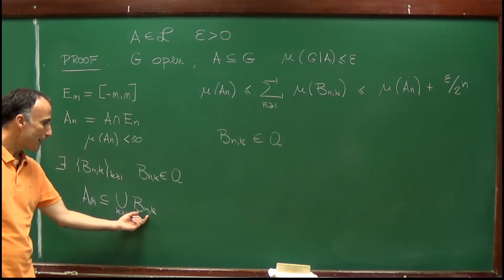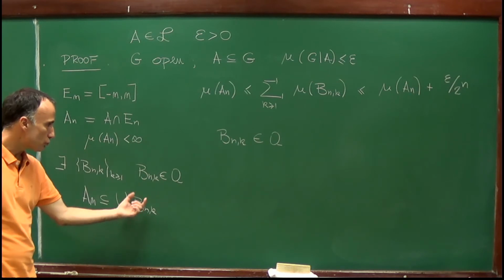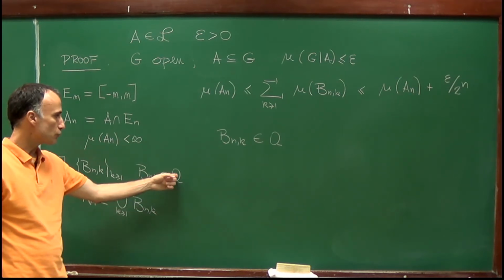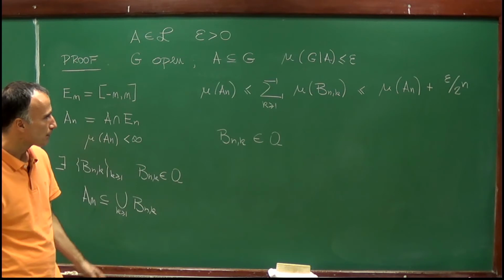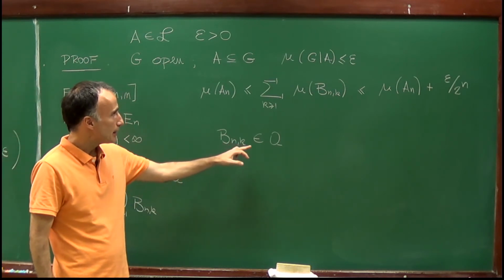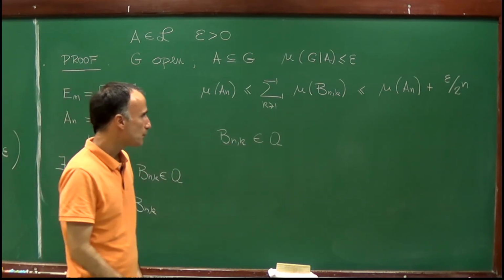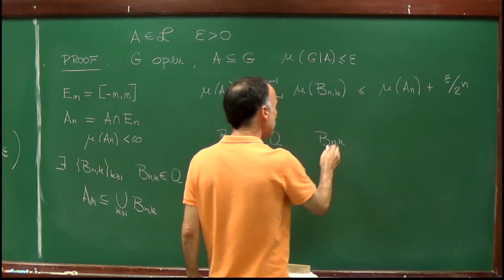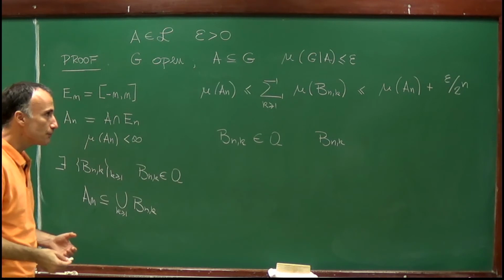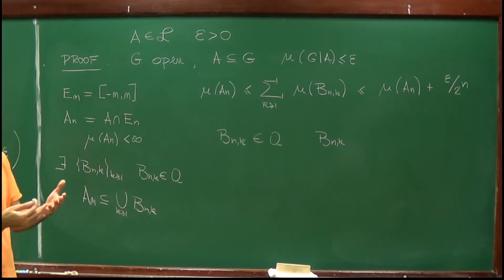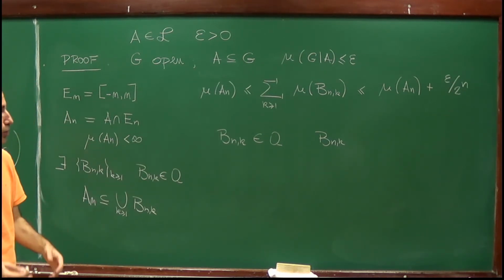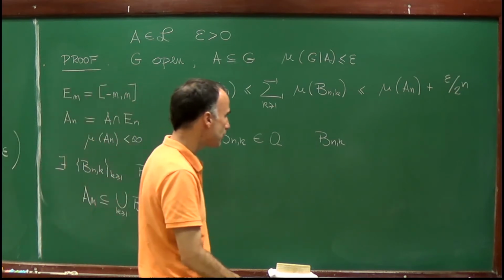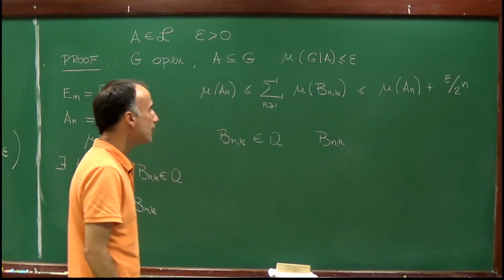So we now need to transform these sets which belong to the algebra into open sets. We know which are the elements of the algebra: they are finite disjoint unions of elements of the semi-algebra, which in our case are intervals.